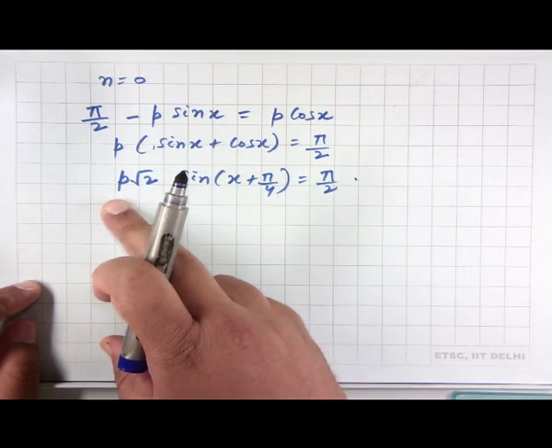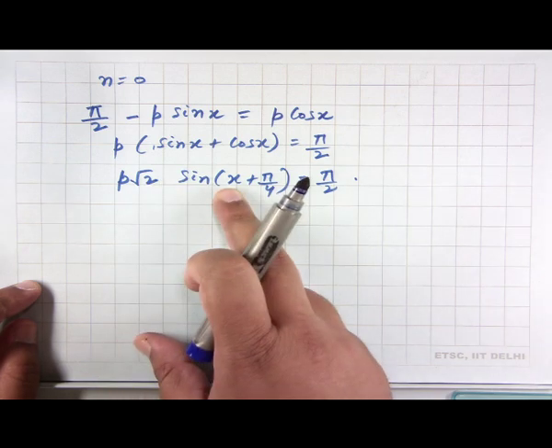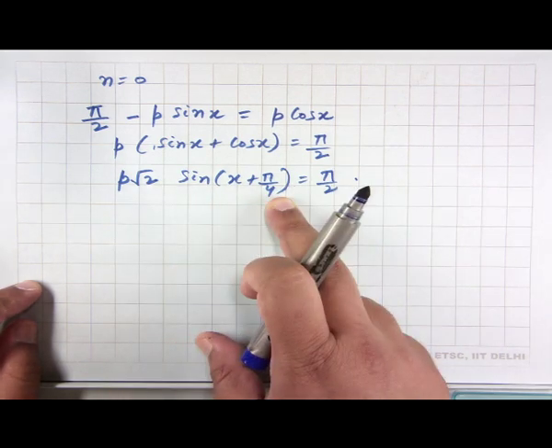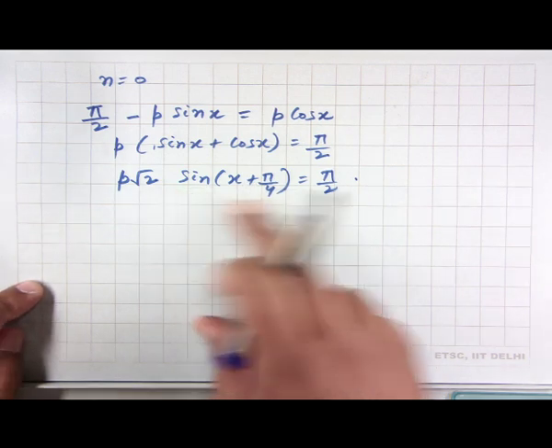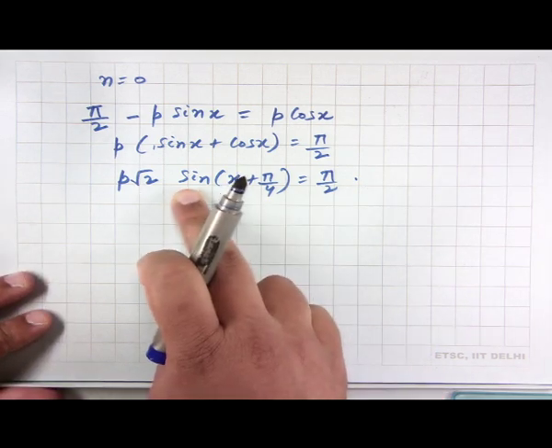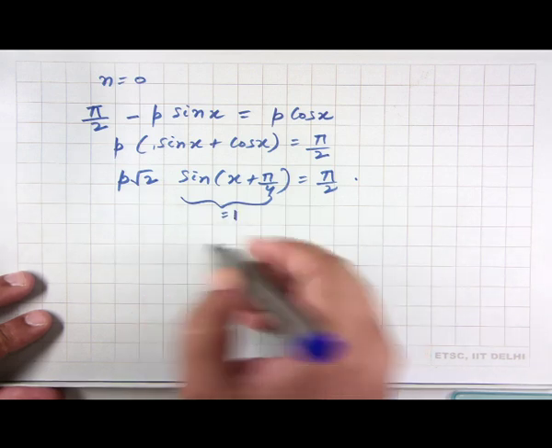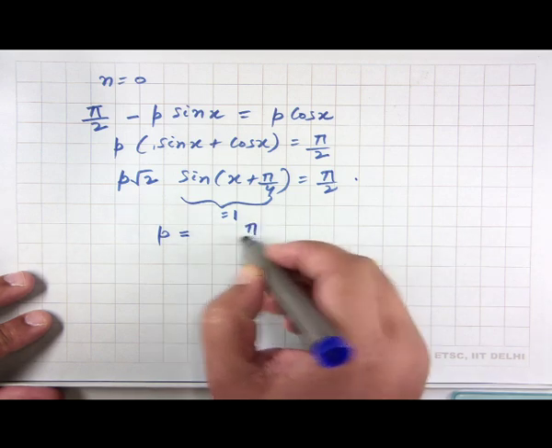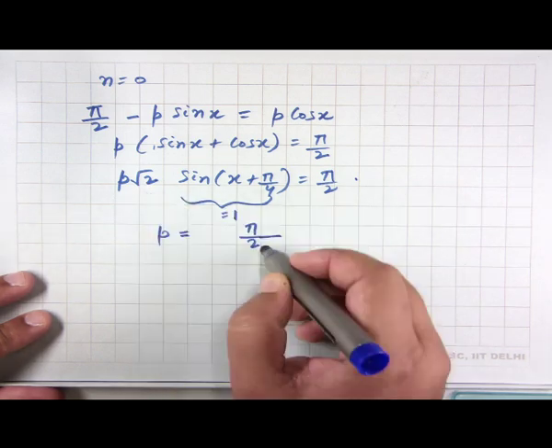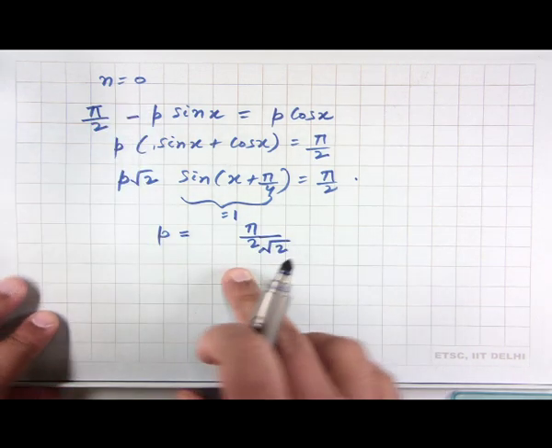Plus, since we want to find the smallest p, we should choose x such that sin of (x plus pi by 4) is the largest possible positive value, which we know is 1. So, when this is equal to 1, we get the smallest possible value of p, which will be equal to pi by 2 over root 2. But this is only for n equal to 0.